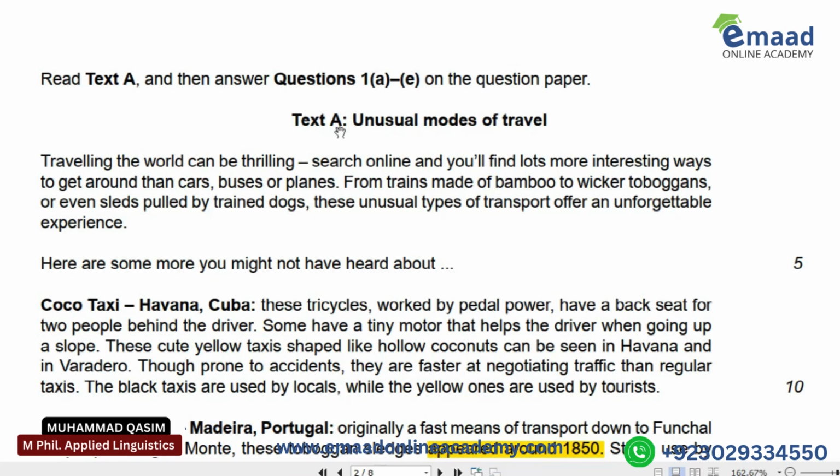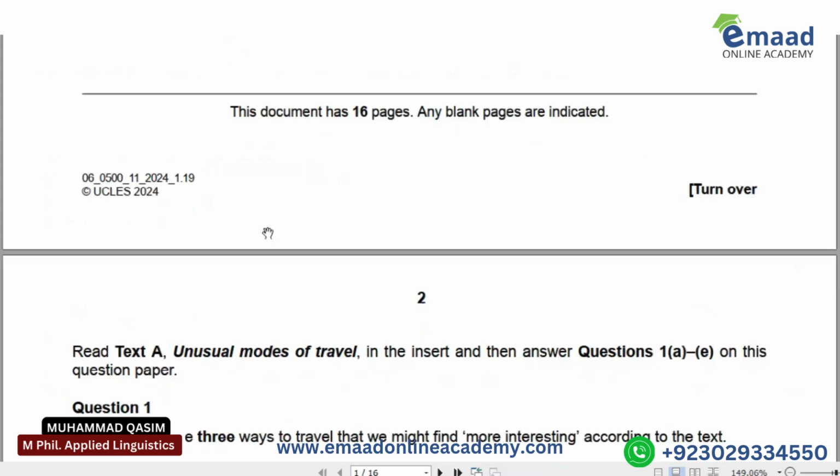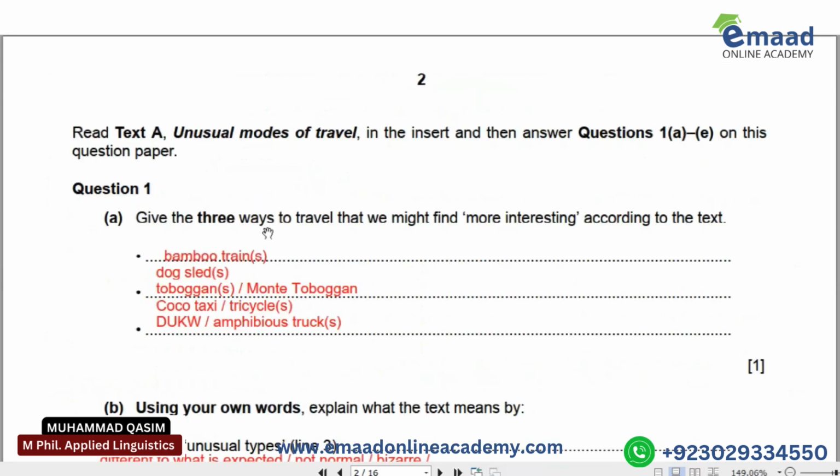So let's discuss now question number 1. First of all, the 15 mark section is there for components A till E. These components are based on reading comprehension, and as you know, reading comprehension applies to how well you can understand a text by reading it. To test your ability to understand the text, we give you questions called reading comprehension.